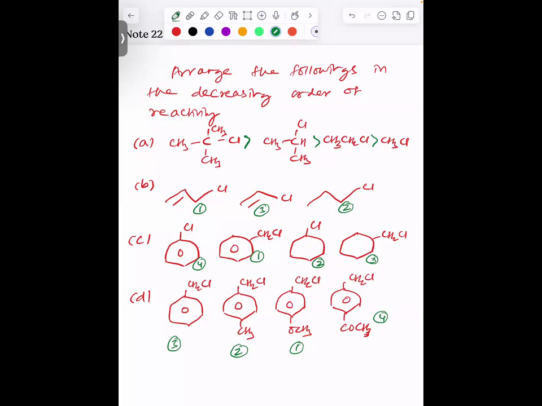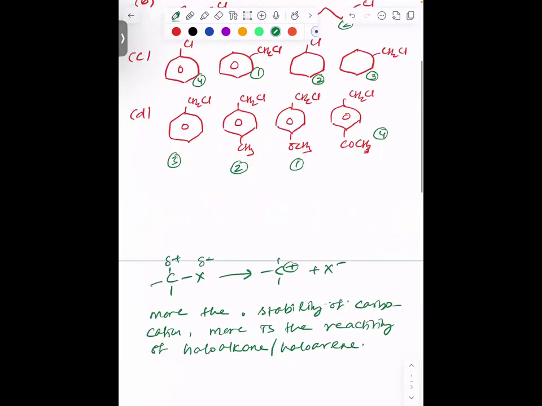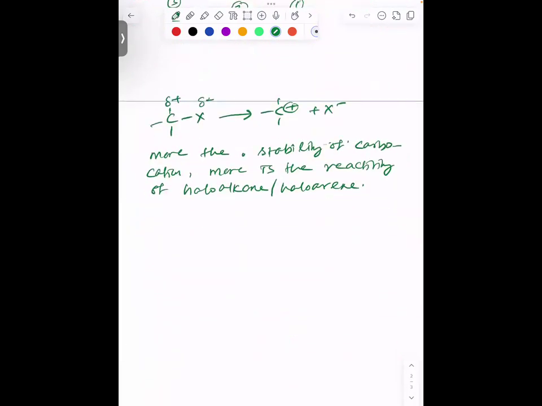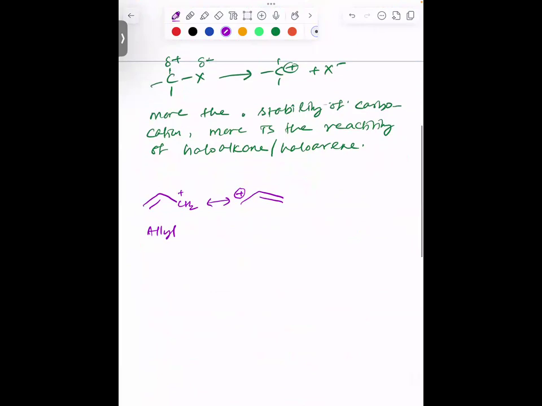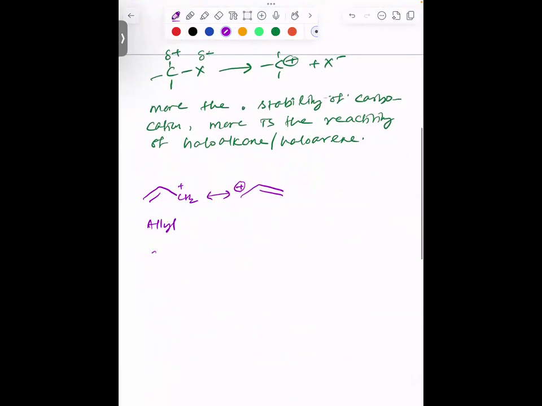Okay, analyze. See the second question, the carbocation that forms. This is the carbocation, so this is known as allyl carbocation. It is stabilized by resonance, which means this carbocation will form easily.